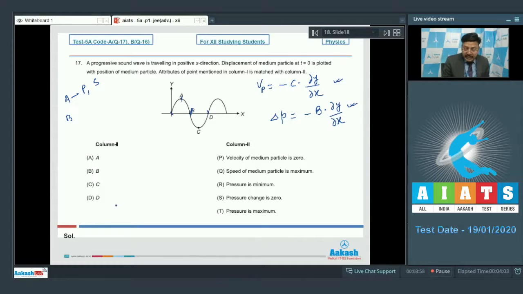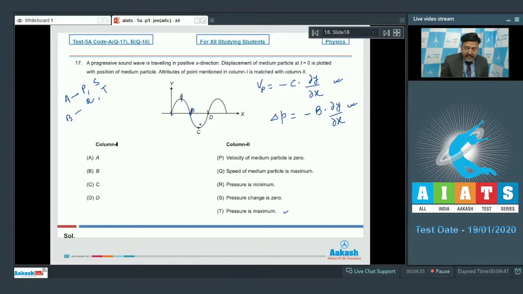So for B, we can clearly say that speed of medium particle is maximum. So B matches with Q, and change in pressure will be maximum, and in fact it will be on the positive side because delta Y by delta X is negative at B. So change in pressure is maximum, which means pressure also is maximum, right? So pressure is maximum will also be satisfied for B. So Q and T match with B.